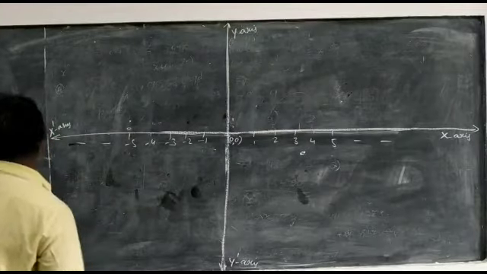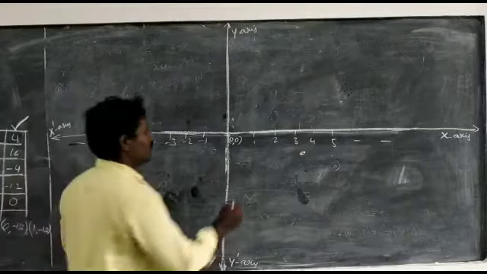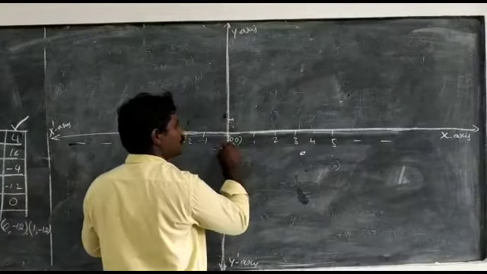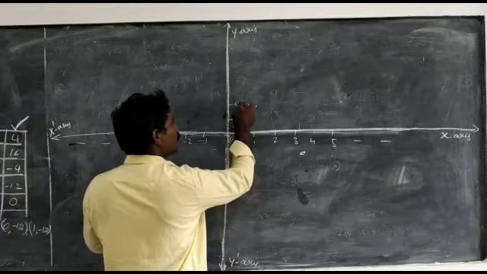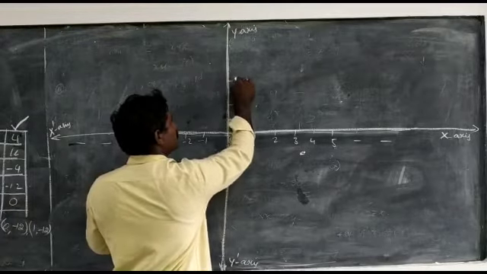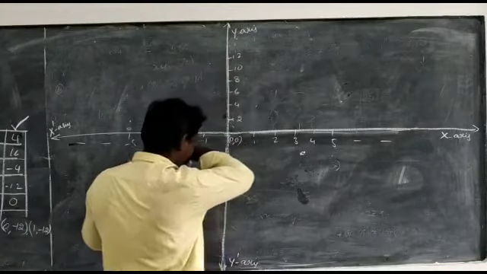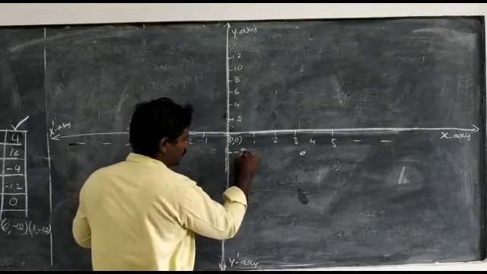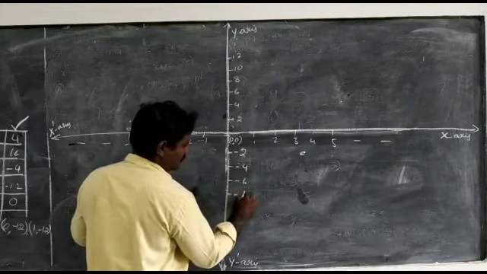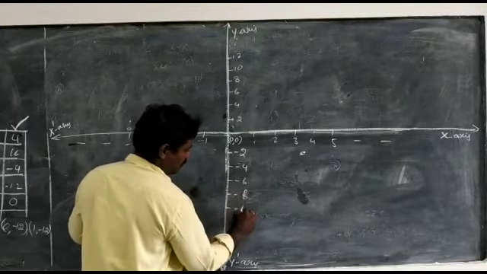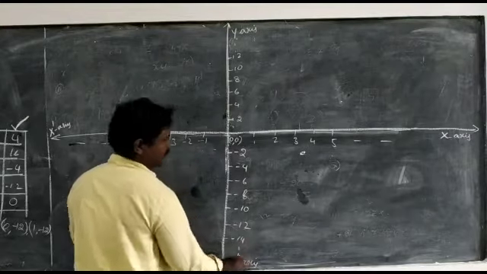And here we want the y values from plus 8 to minus 12. Now I am taking 2 units here: 2, 4, 6, 8, 10, 12 like this, and negative minus 2, minus 4, minus 6, minus 8, minus 10, minus 12, minus 14 like this.